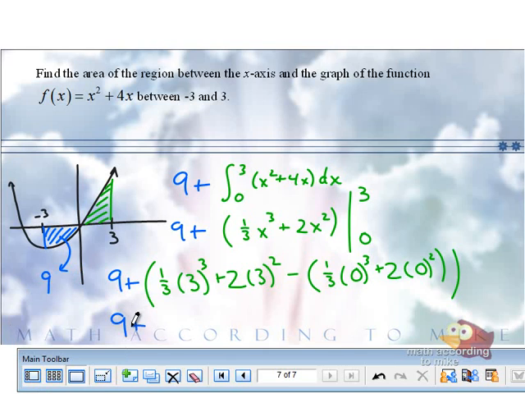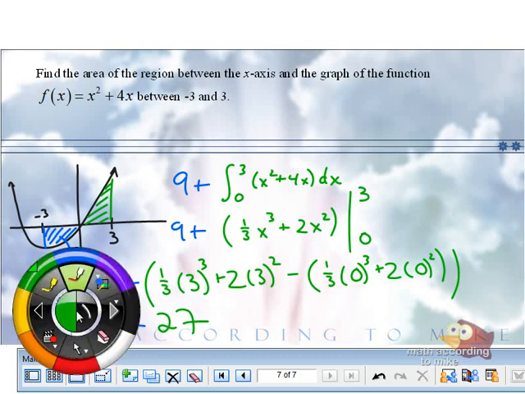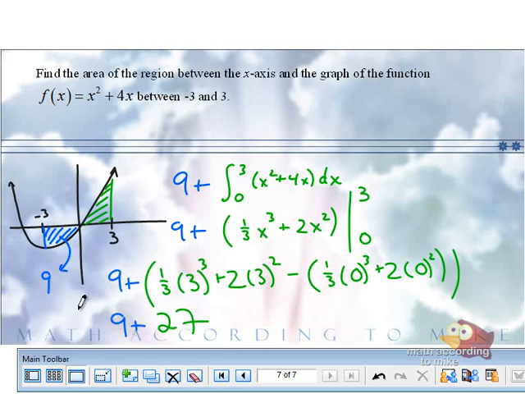When you stick in 0, you get 0. How about when you stick in 3? 27. So 9 plus 27 equals 36.